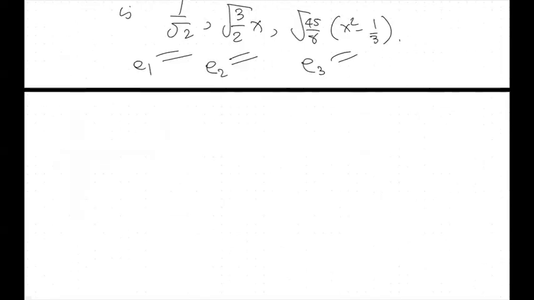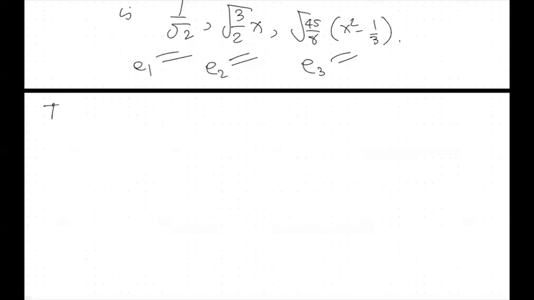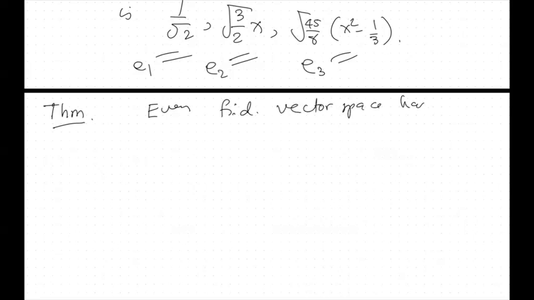P2(R). Now, let us consider an existence theorem. Every finite dimensional vector space has an orthonormal basis.